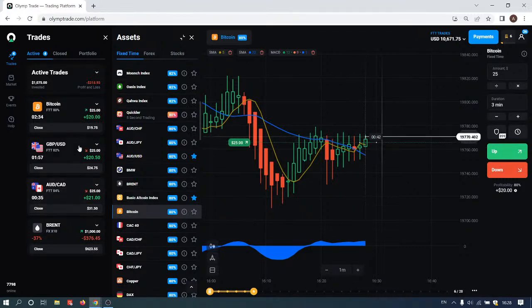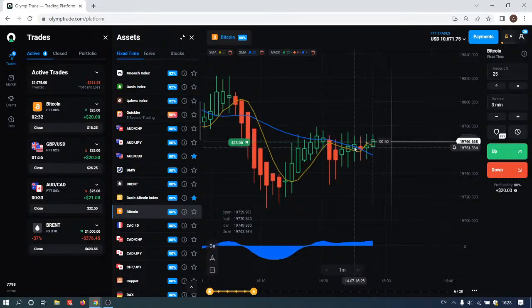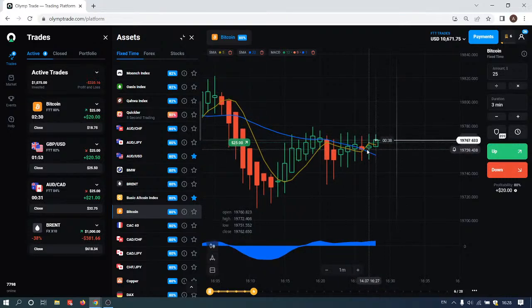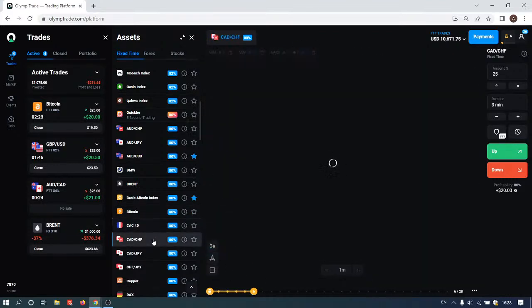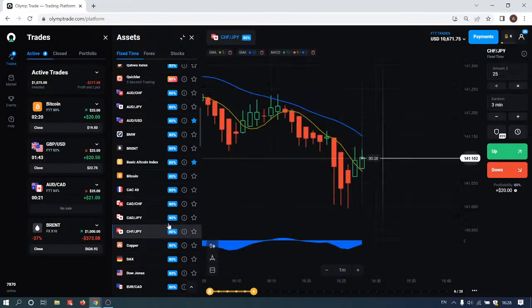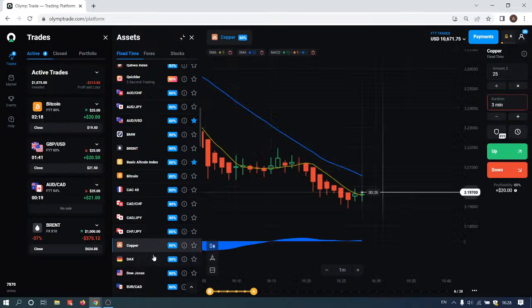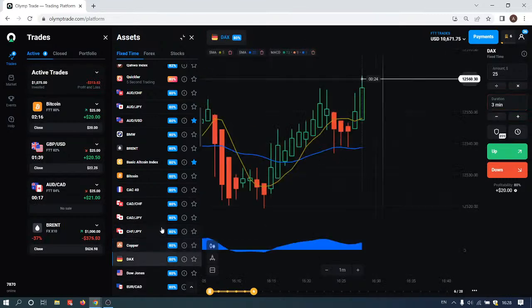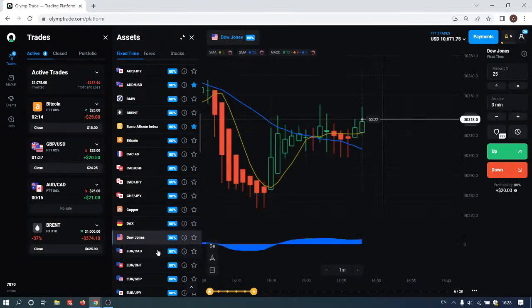Also, of course, the basic signal came from the yellow line crossing the blue line in the upwards direction. So this looks very interesting.